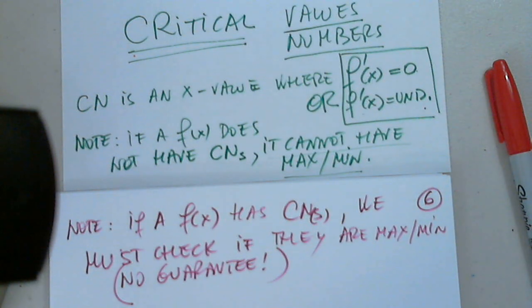Let's take a look. Identify all critical values, relative max, relative min, relative minimum points, and relative maximum points. The plural of max is maxima, the plural of minimum is minima. So let's analyze any of these graphs. Which graph would you like to analyze? 4.